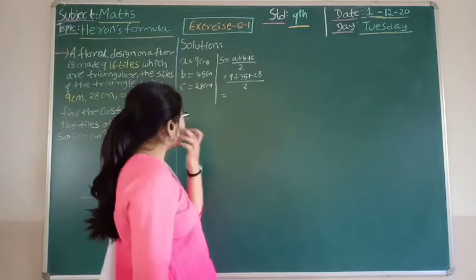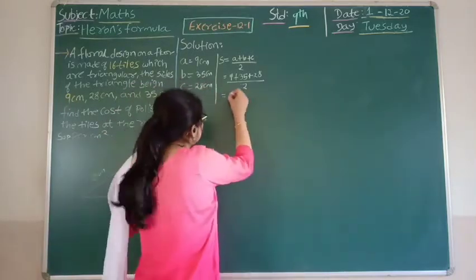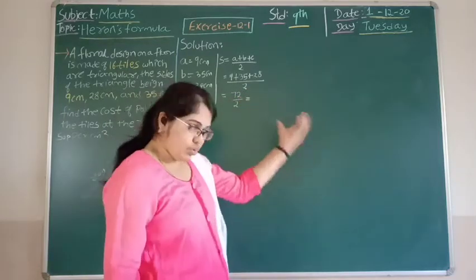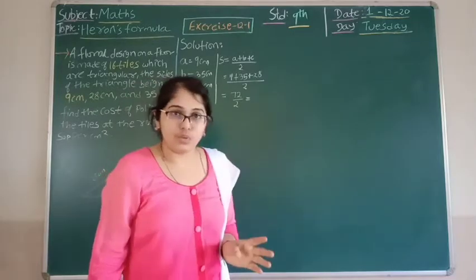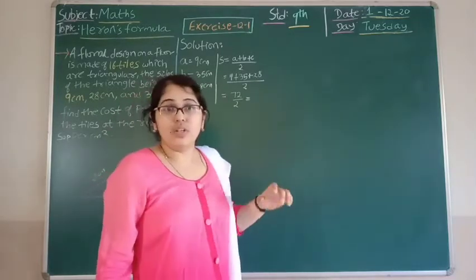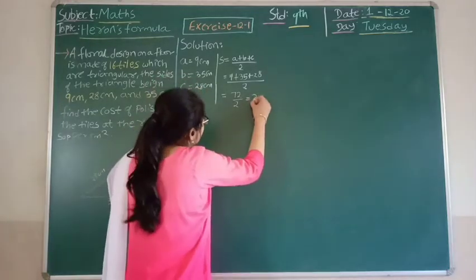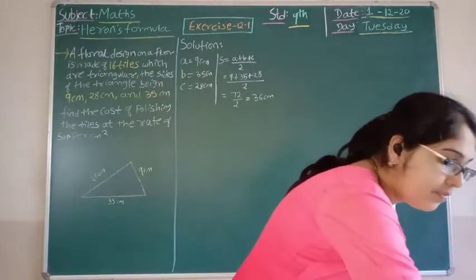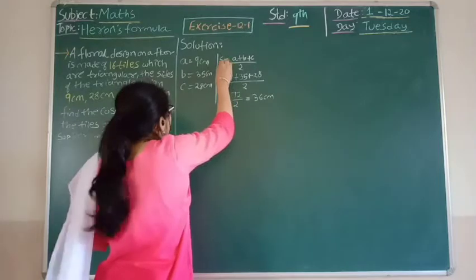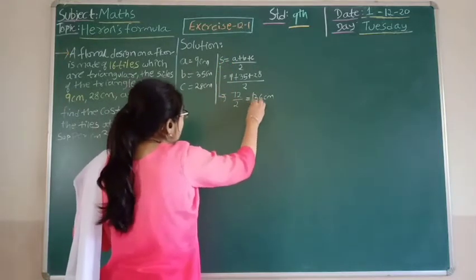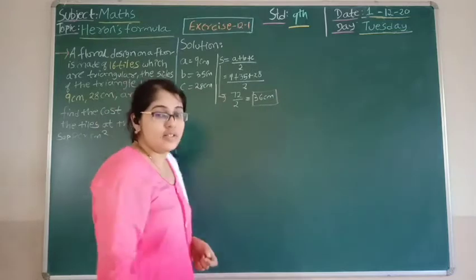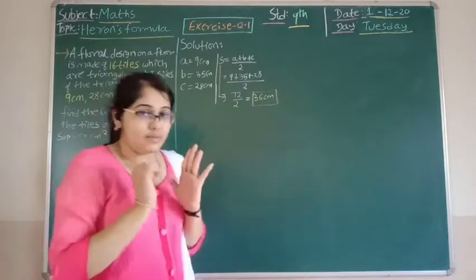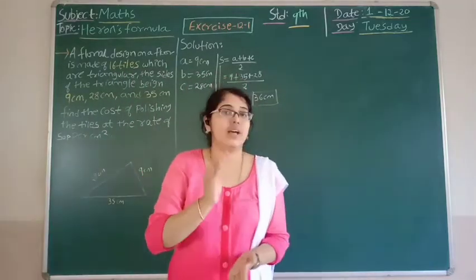If I calculate all of this, the answer is 72 by 2, and dividing 72 by 2 gives 36 centimeter. So the semi-perimeter is 36 centimeter.